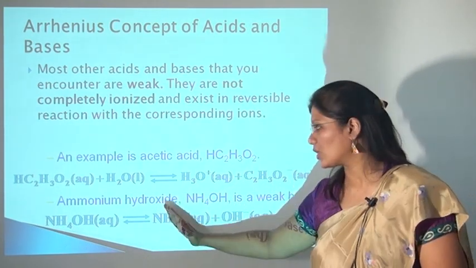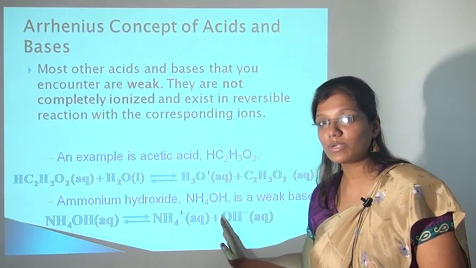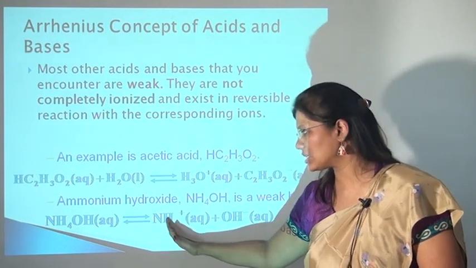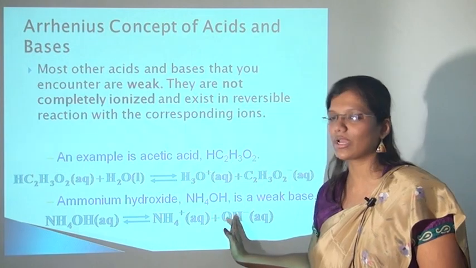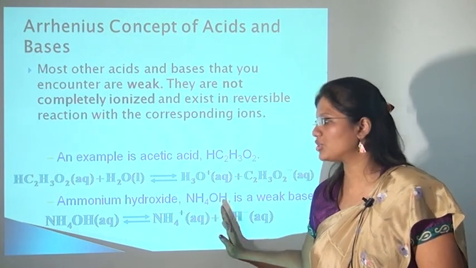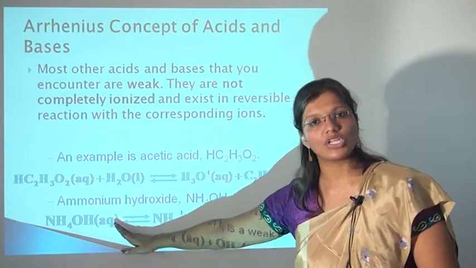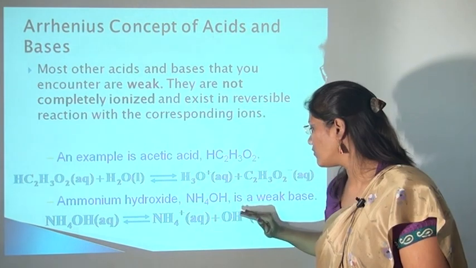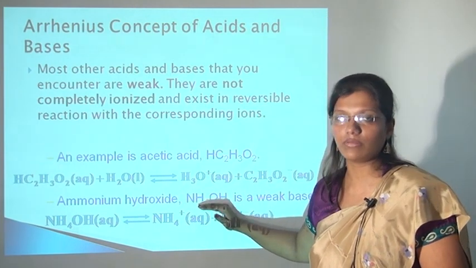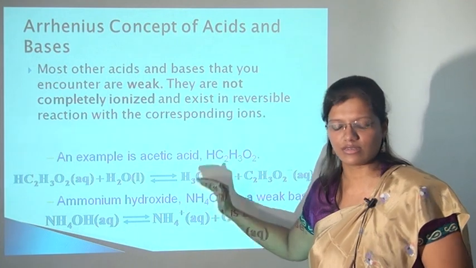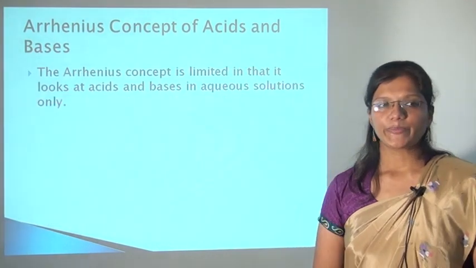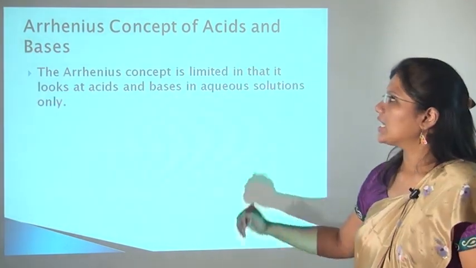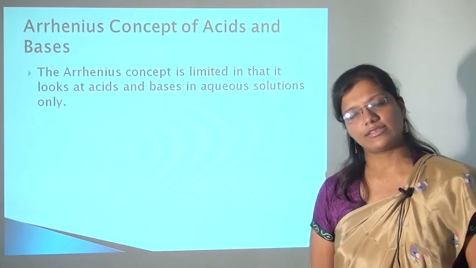But it participates in the reversible reaction. This NH4 plus and this OH minus get together to form NH4OH. Therefore this is known as a weak base. NH4OH is a weak base, while acetic acid is a weak acid.